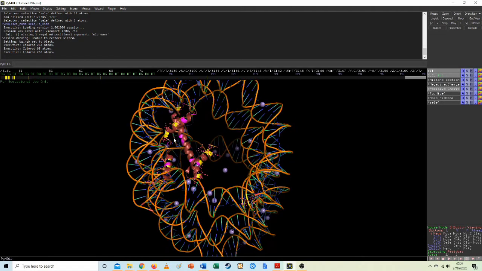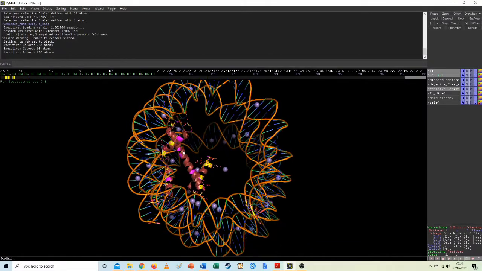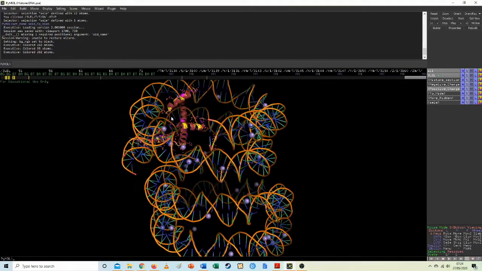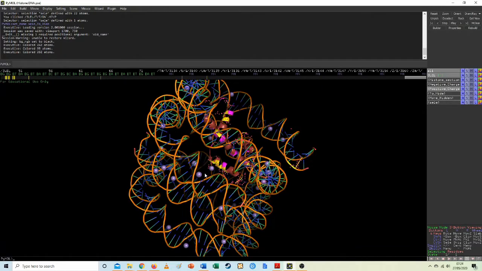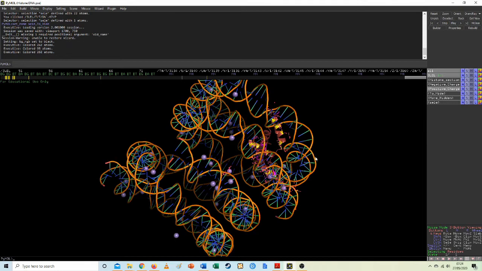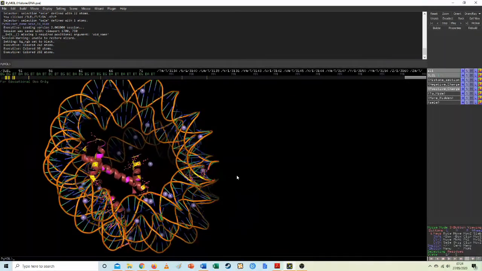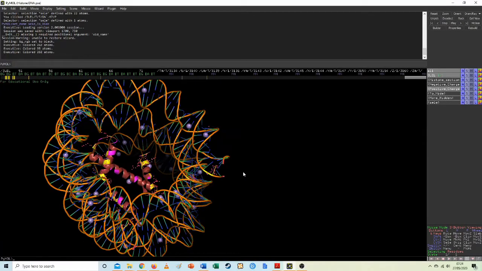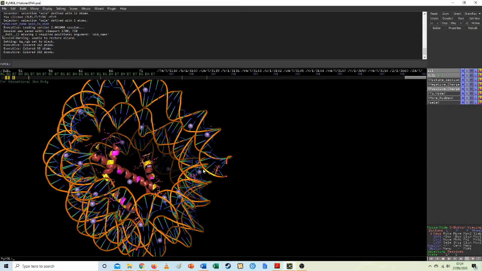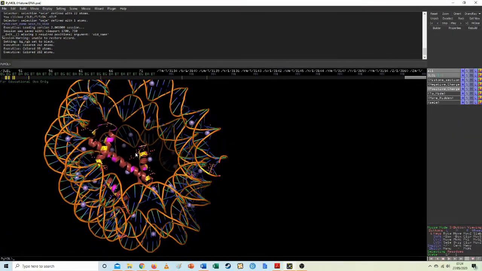Now, if we take a look at where the DNA is, hopefully what I'll do is try and zoom in a little bit on where we are. So that positive charge on that yellow, it's a little bit tough to see, will be interacting with the negative on the DNA.